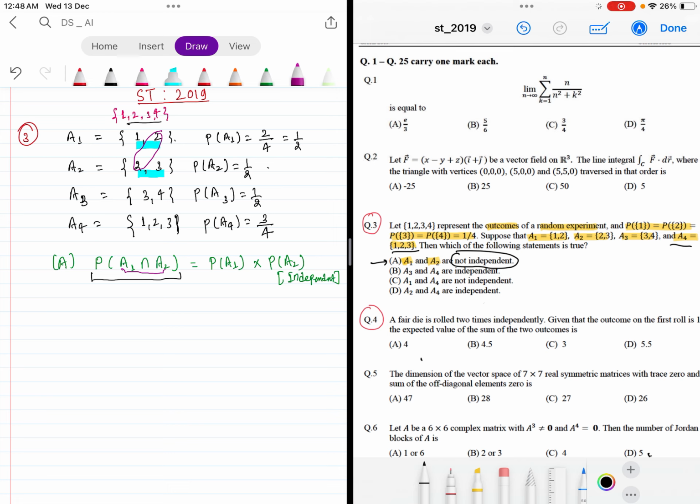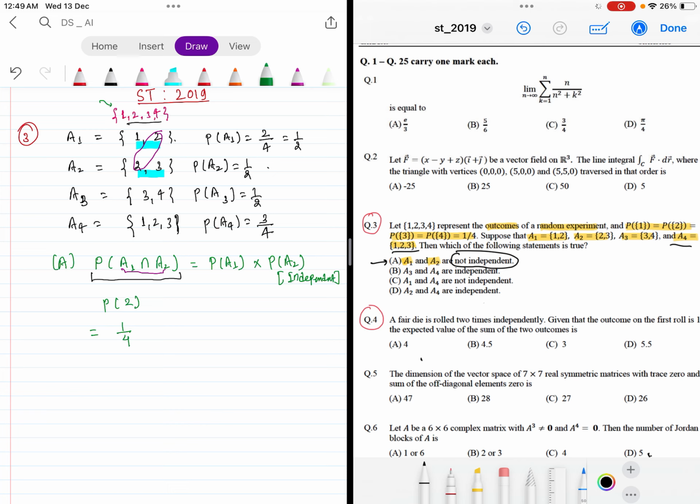So this will become the probability of 2, which out of these 4 will be 1 divided by 4.